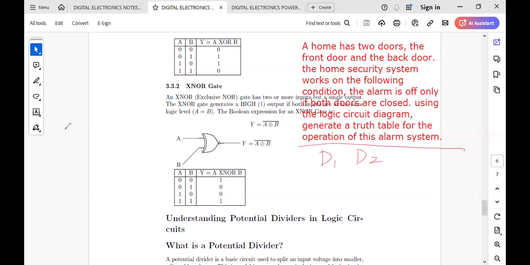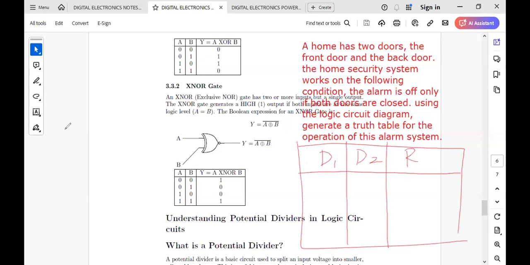And then we are told that the alarm is off only if both doors are closed. So there are two doors, so how many possibilities? 0, 1, 0, 1.